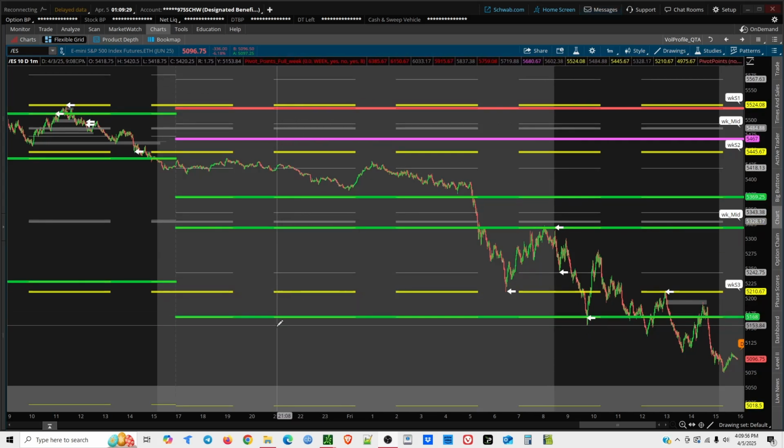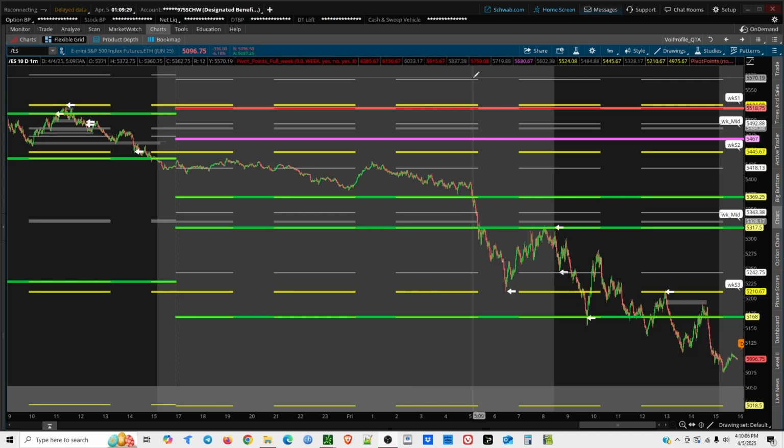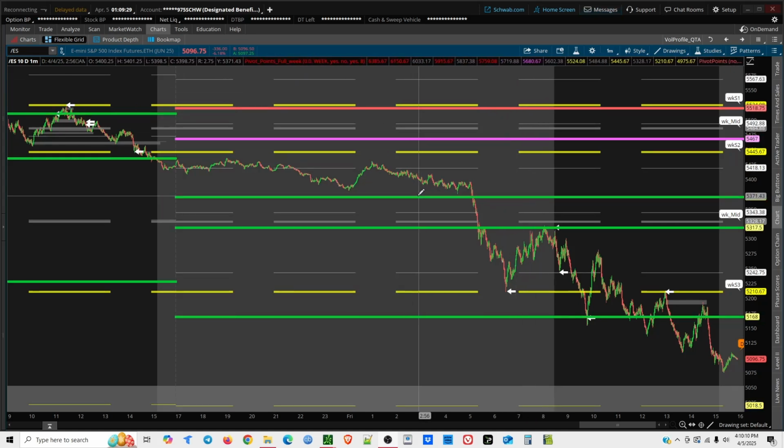But then you'll see weekly pivot points, which the main pivot is not displayed because it's much higher than this, but pressing down, you'll see a support level in yellow here that goes back an entire week, a support level here that goes back an entire week, and a support level here that goes back an entire week.